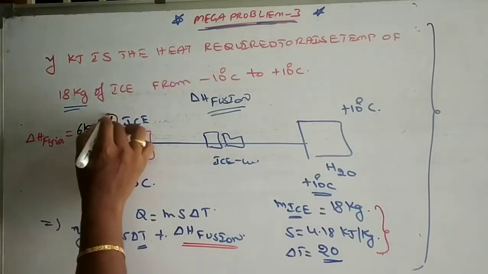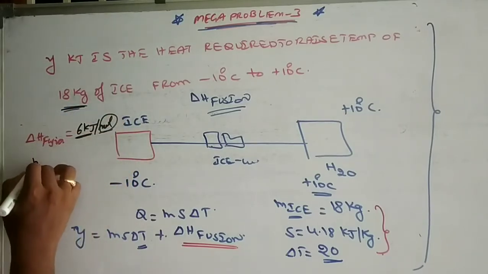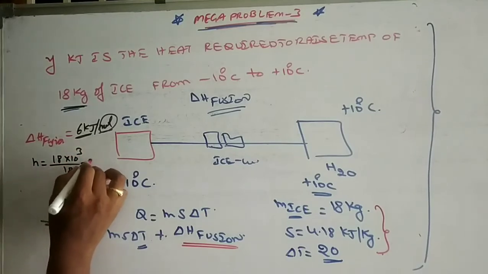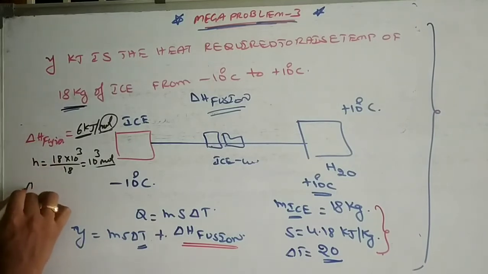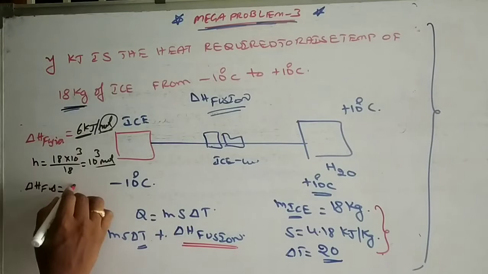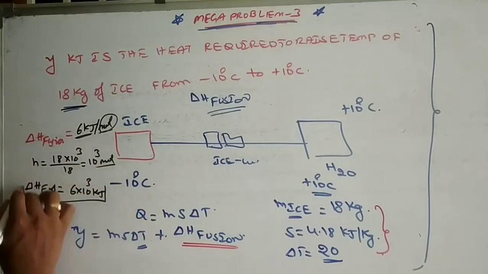So 1 mole means 6 kilojoules. For 18 kg, the number of moles is 18 into 10 power 3 by 18, so 10 power 3 moles will come. So that's why the enthalpy of fusion is 6 into 10 power 3 kilojoules.